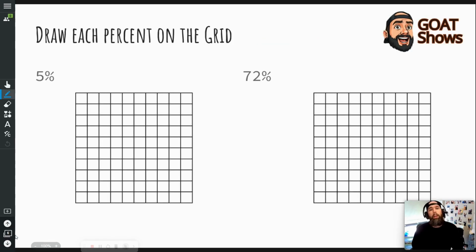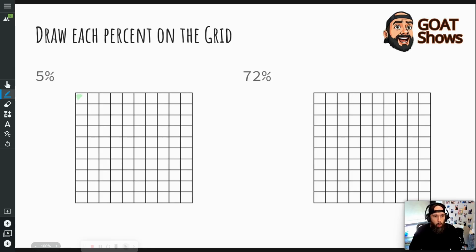A minus. Now, what we're going to do is draw each percent on the grid. Each grid here is 100 little squares. So what would 5% of this grid look like? Well, 5% out of 100 is going to be me shading 5 out of the 100 squares. Let me get a nice green color, because that's my favorite.